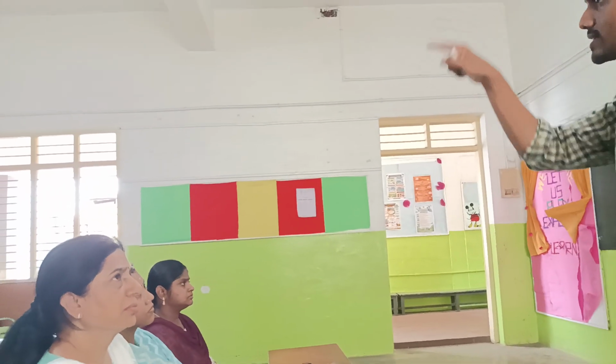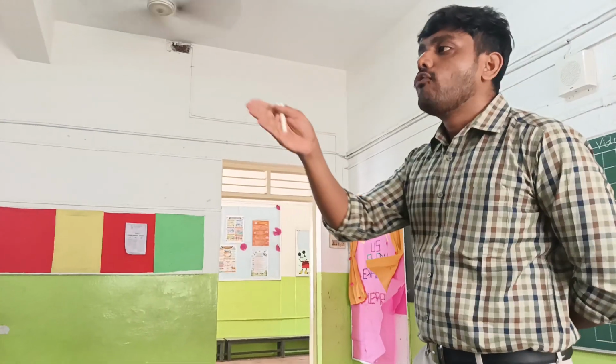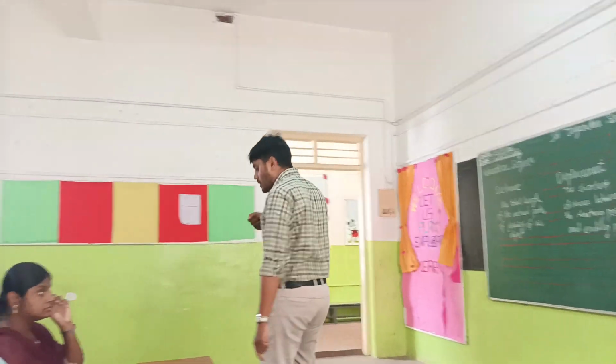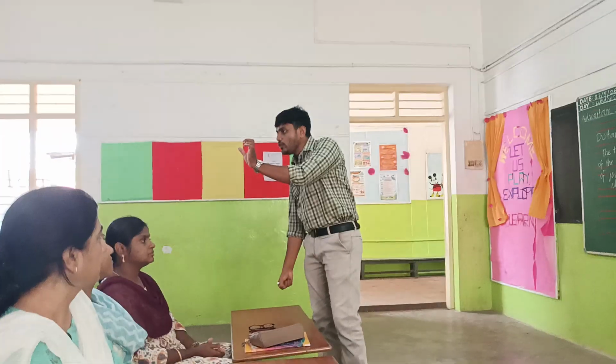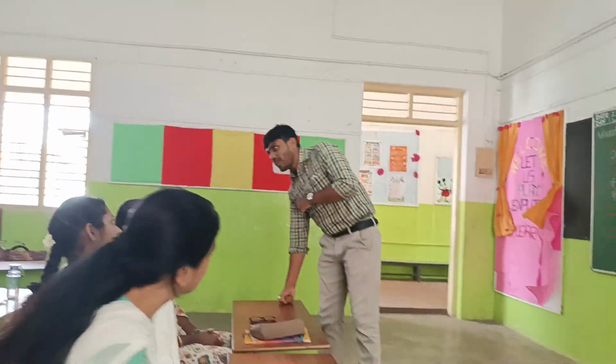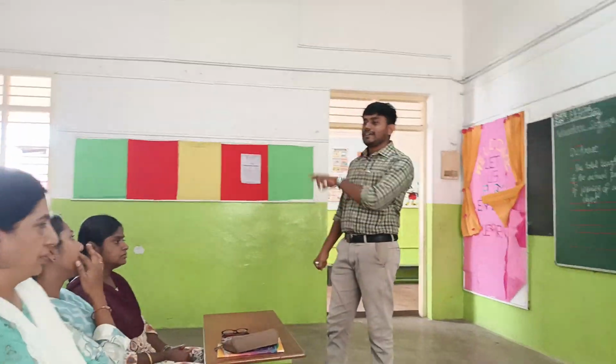Distance. No, distance is just the length. Force is something I can say 5 Newton I am giving to this table. 5 Newton of force. That 5 Newton is the value. But where is the direction here? Downwards. 5 Newton downwards is the direction.